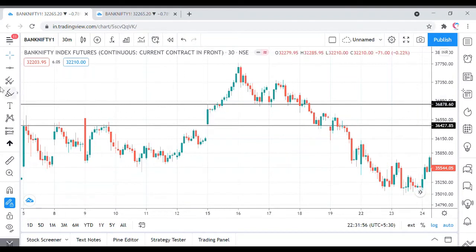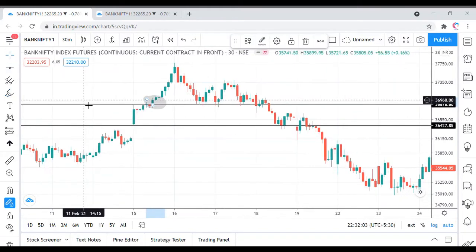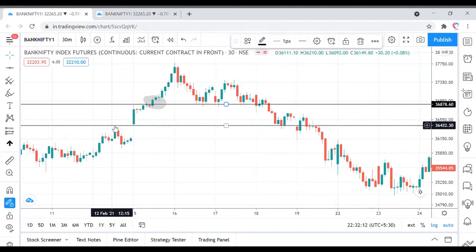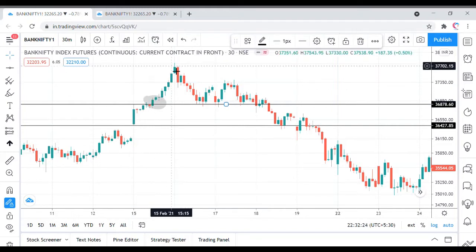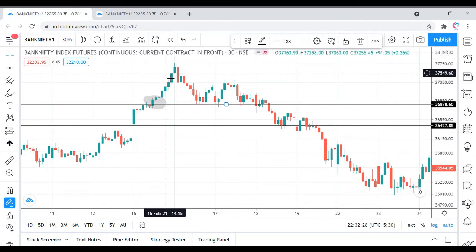Here you can see the 12:15 candle, this is broken, and we'll go long at the closing of 36,975, and you can keep the low as the SL or 200 points as the SL. Once this is broken and you go long at 36,975, you have easily made a high of 37,549 at closing.